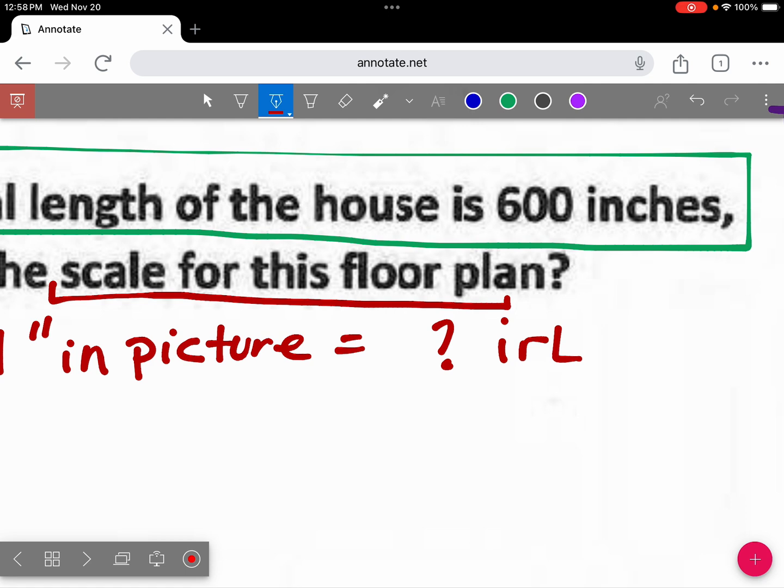We're going to try and figure out how many in real life inches are for each drawing inch. So how could we do that?